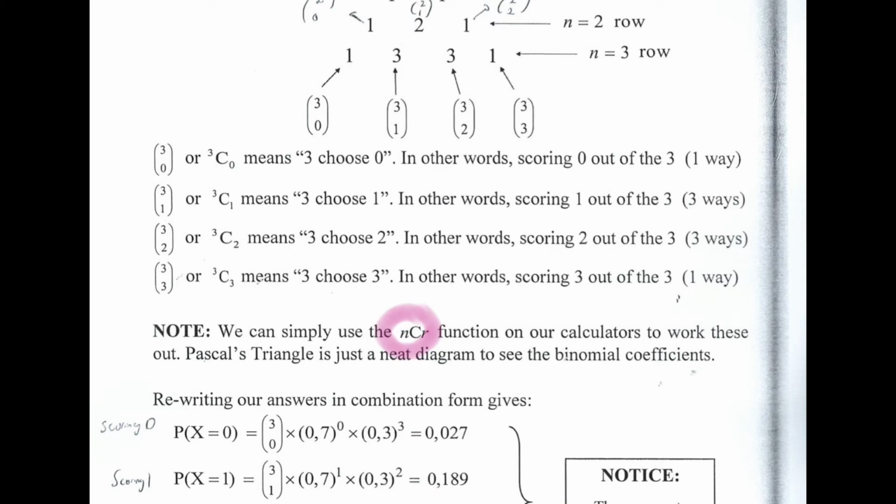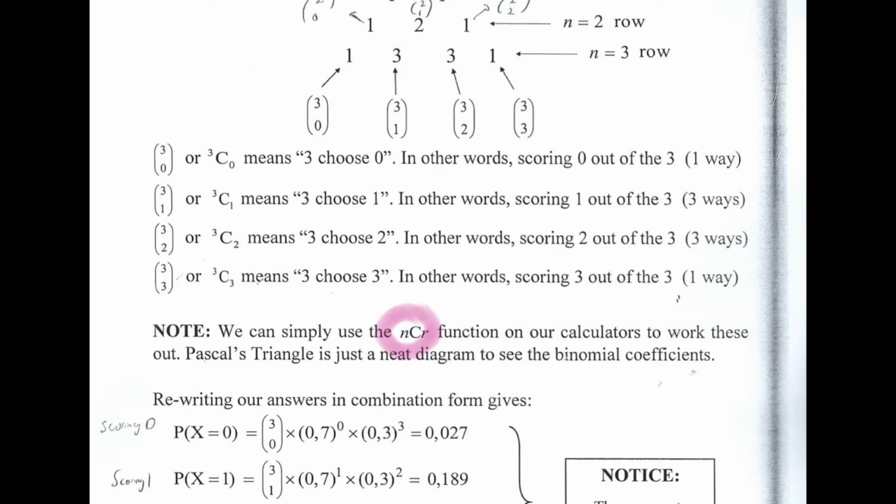So in order to type that 3 choose 0, for example, into your calculator, you're going to press the 3 first, then shift divide, and then 0, and when you press equals, you get 1. So that represents the one way over here. Let's do 3 choose 2, for example. You can practice on your calculators to remind you. So 3, shift divide, 2, and that gives us 3. So there's the 3 ways that we can do that.